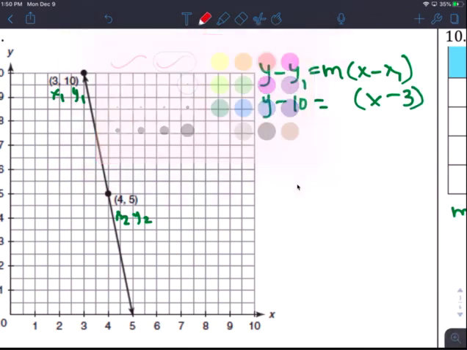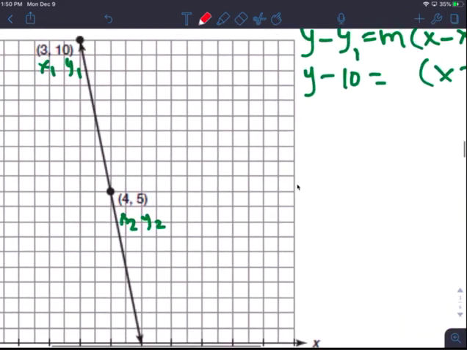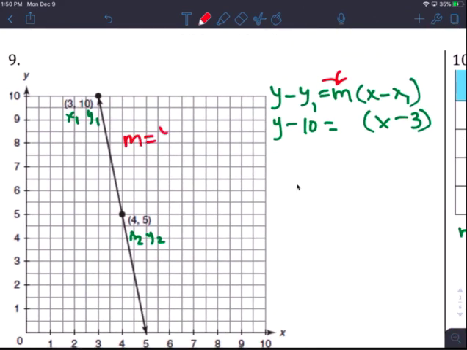Okay, we need to find this m right here, so m equals y sub 2 minus y sub 1. That's 5, 10, so it gets you negative 5 over 4 minus 3, 1. So negative 5.